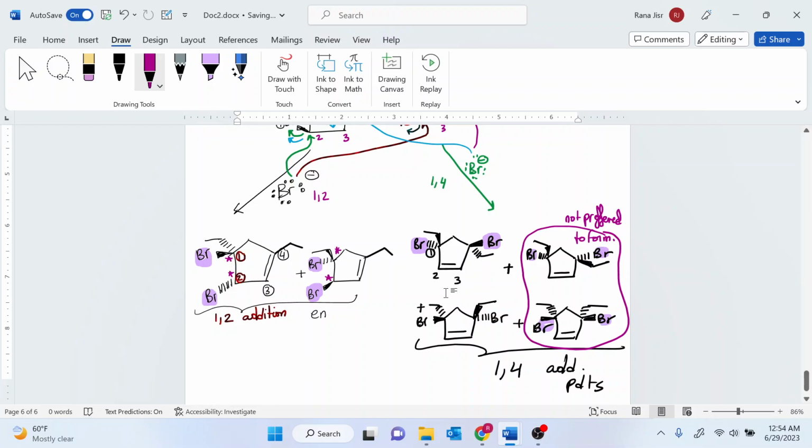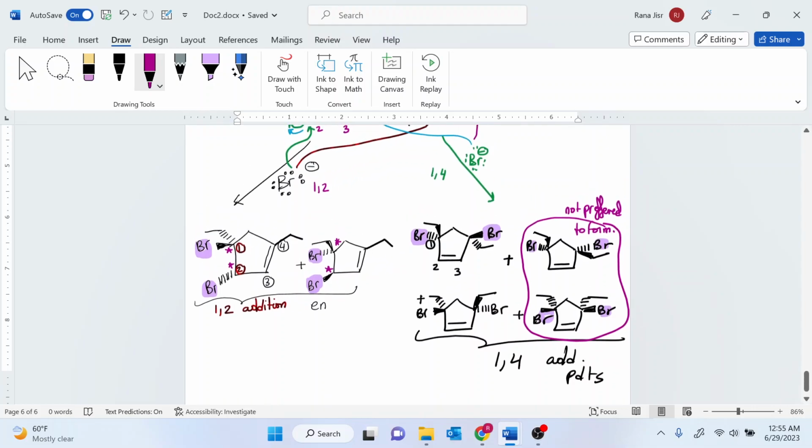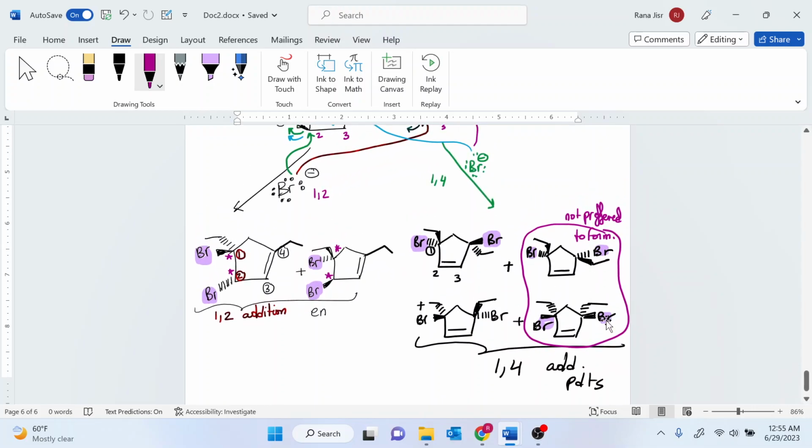In my answers to the extra problems, I am not showing the cis addition. I'm only showing the trans addition because this one is more stable. So assuming that we neglect the cis addition there, we get two products for each of the 1,2 addition and the 1,4 addition.